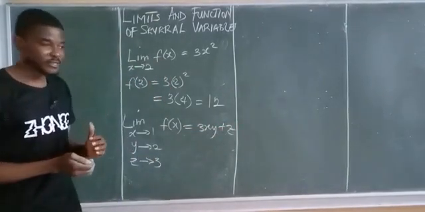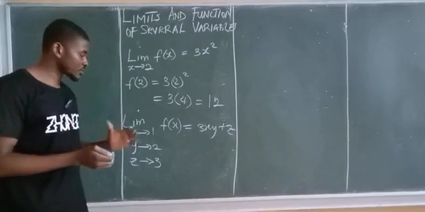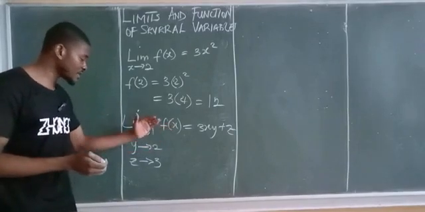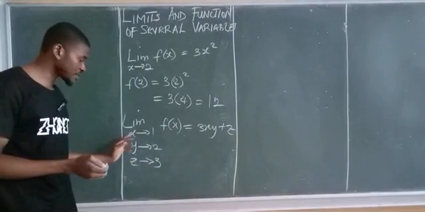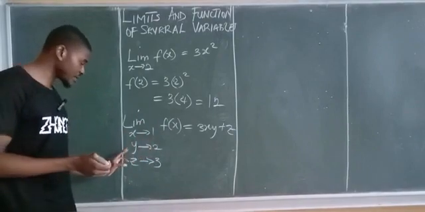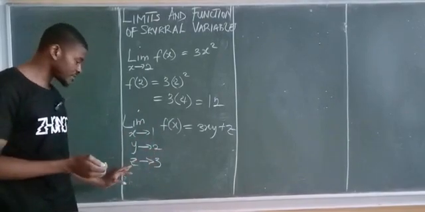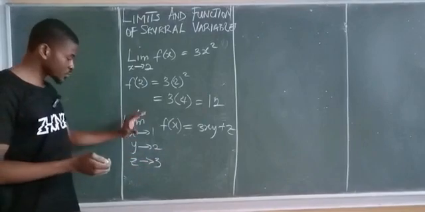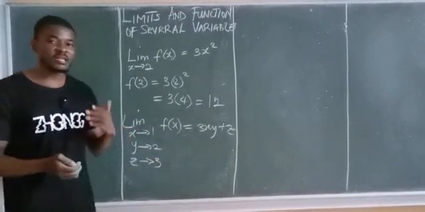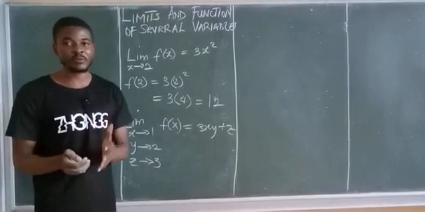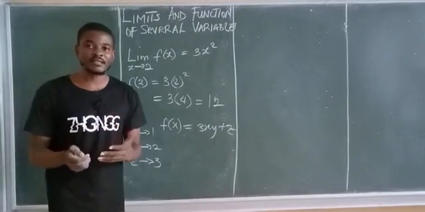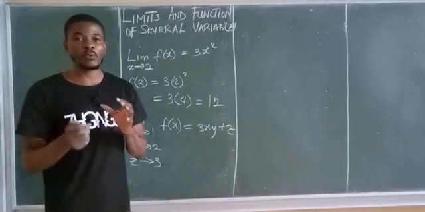Now I need to investigate the limit of this function at 3 different variables. First is at x equal to 1, next is at y equal to 2, and then at z equal to 3. This situation is what is called limits and functions of several variables, because we are investigating the behavior of the function from different variable perspectives.